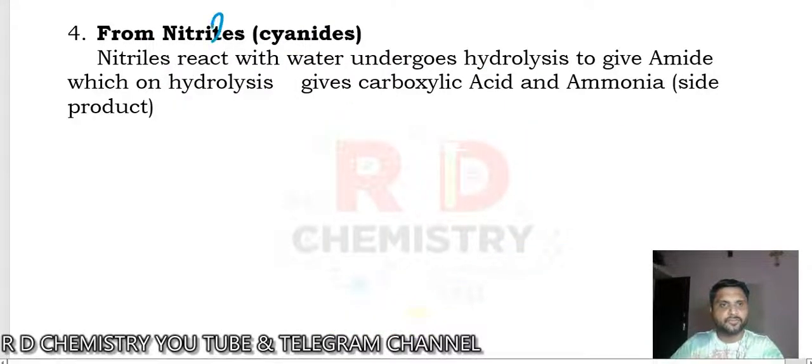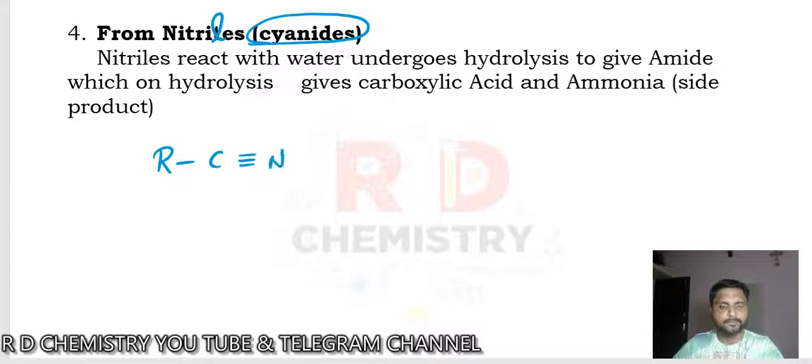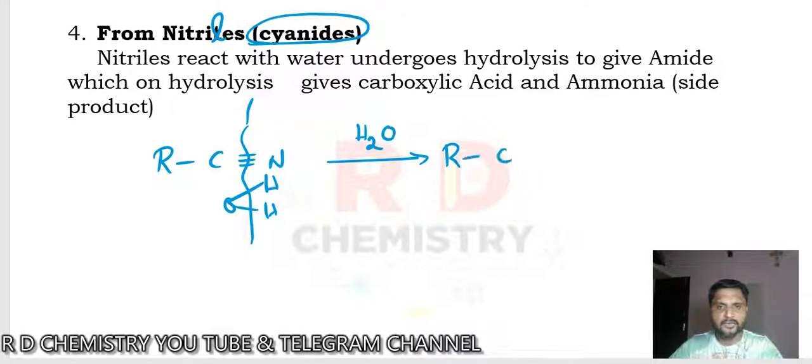From nitriles also we can prepare. Nitriles are also called cyanides. Suppose I have R, C triple bond N. Suppose it is subjected to hydrolysis. Break the bond into two parts and write the water molecule like this to give R, C double bond O, NH2.